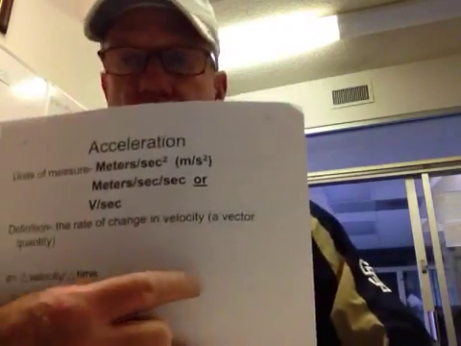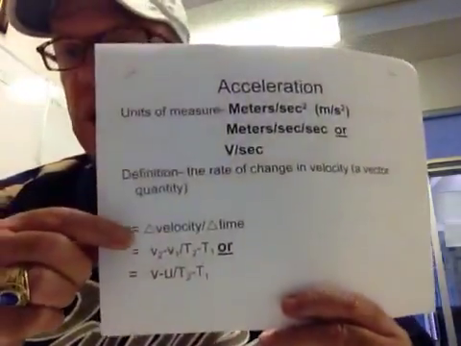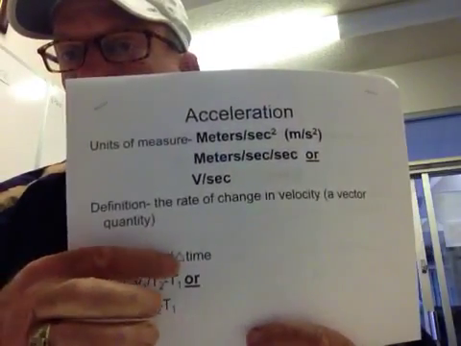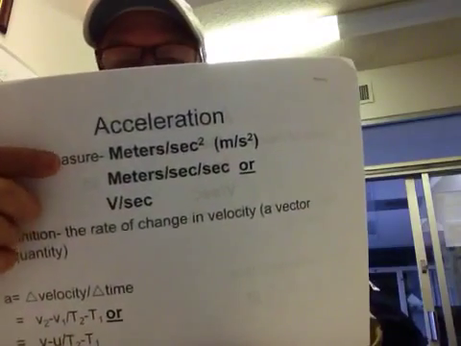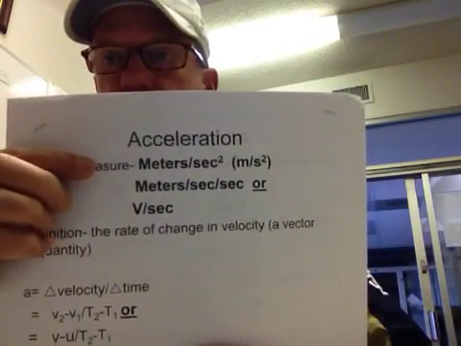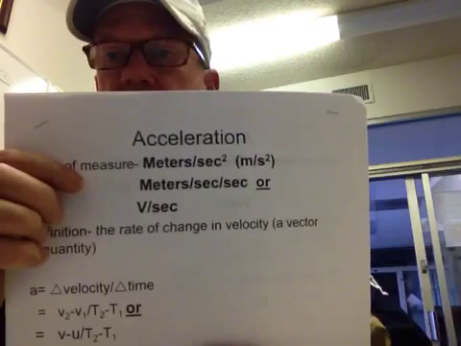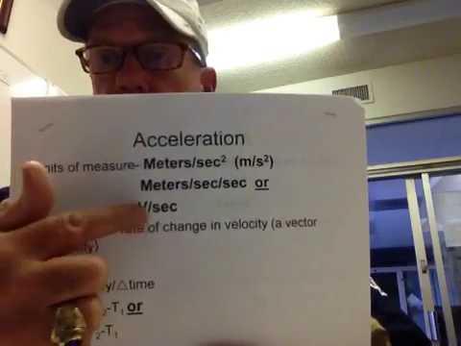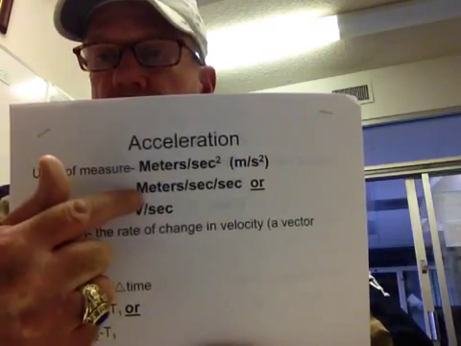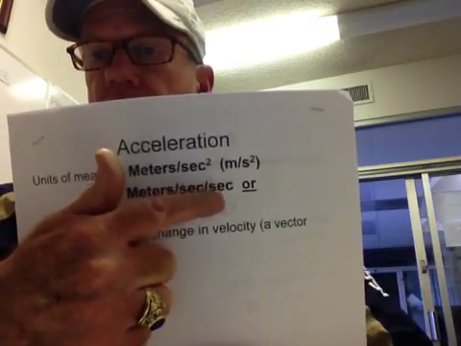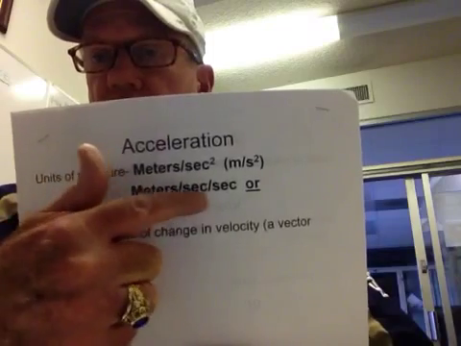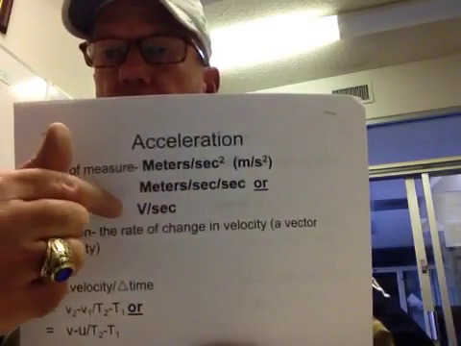And so change, delta velocity divided by delta time. And this works out to be that the units of measure for change in velocity is meters per second squared, or another way to think of it is it's the meters per second, which is velocity, divided by total seconds of moving at that velocity.